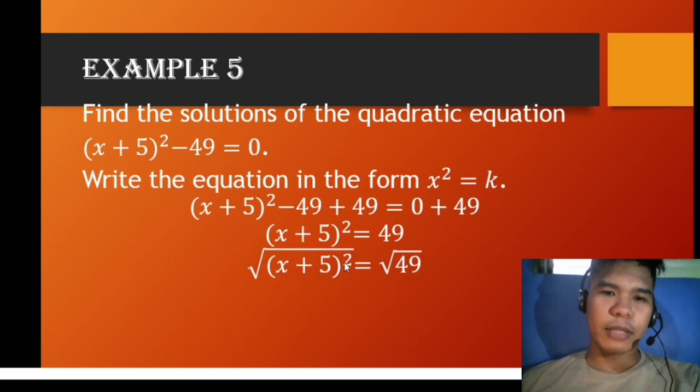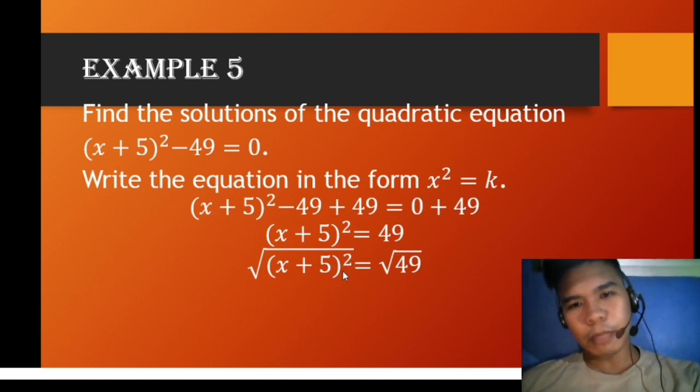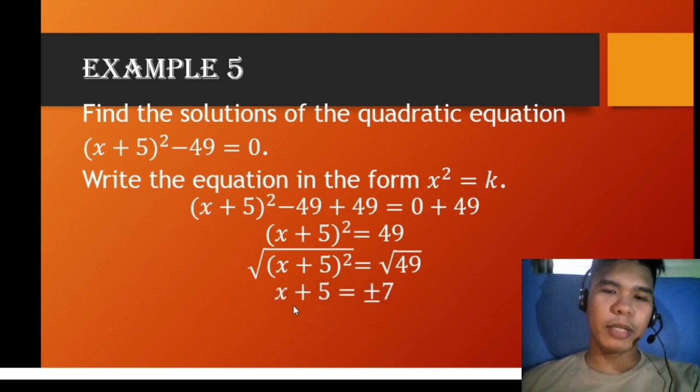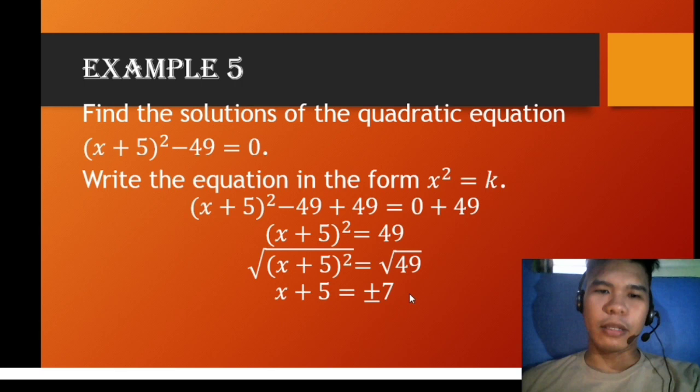So we get the square root of both sides of the equation. That is the square root of quantity x plus 5 quantity squared equal to the square root of 49. So for the square root of x plus 5 quantity squared, again, we just need to eliminate the parentheses and the exponent. So the remaining expression is x plus 5 equal to, you get the square root of 49, which is positive and negative 7.